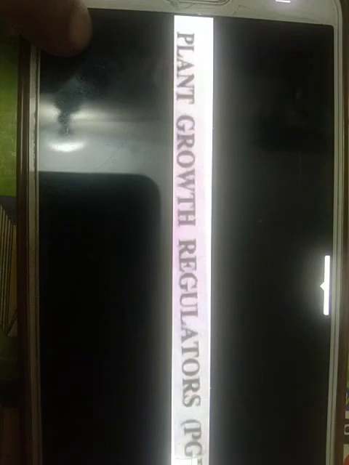Other related growth regulators are salicylic acid, jasmonic acid and brassinosteroids. Some vitamins also regulate plant growth.